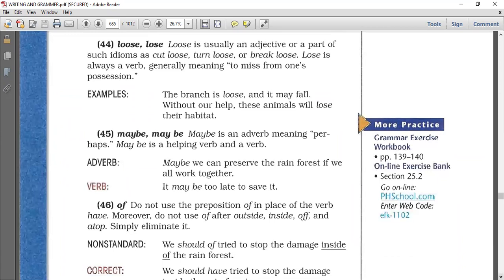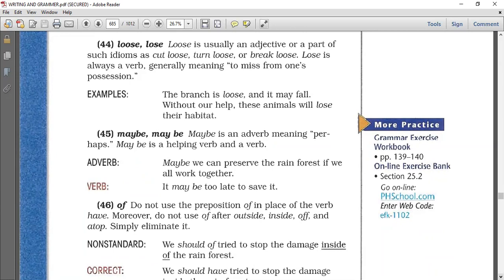Loose and lose. I think this is easy. Loose is an adjective or a part of such idioms as cut loose, turn loose, break loose, loose clothes, which means baggy or big.